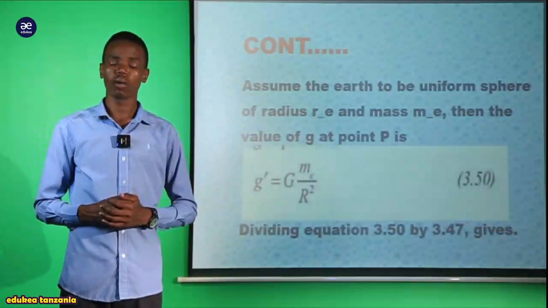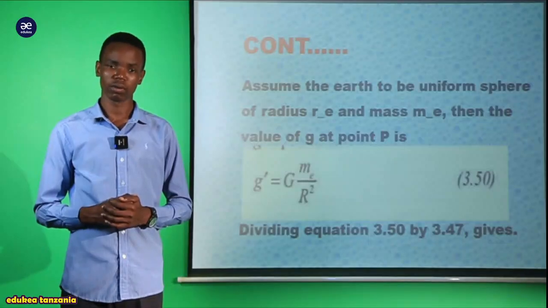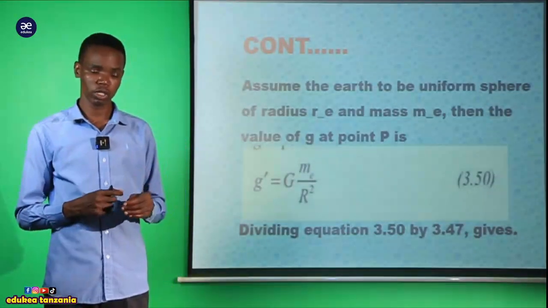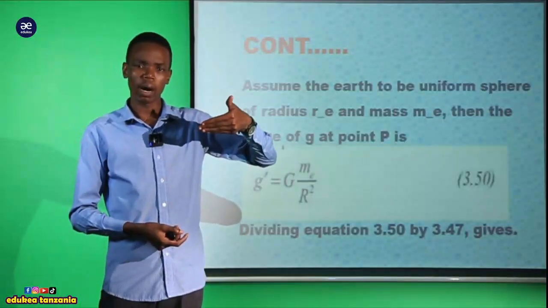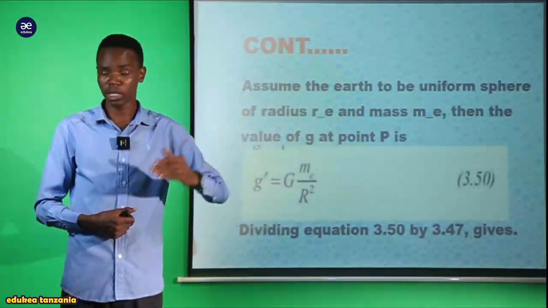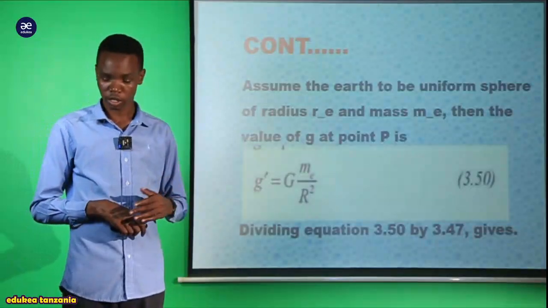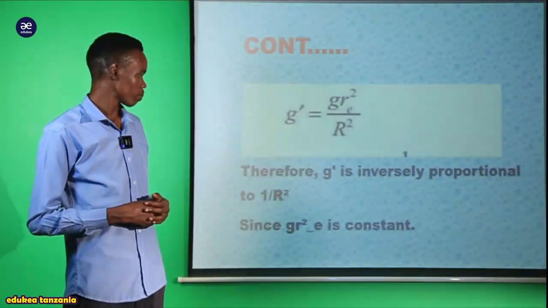So this will be our equation number 3.50. This is our equation for g dash. It means that at a certain point, at point P, at a certain height, g dash is equal to GM_E over r square.